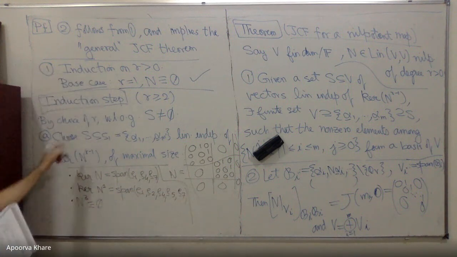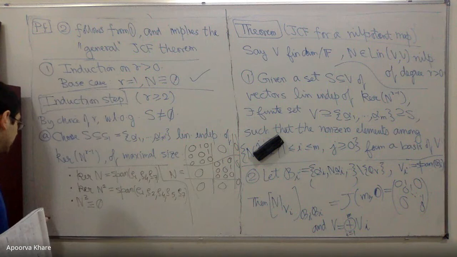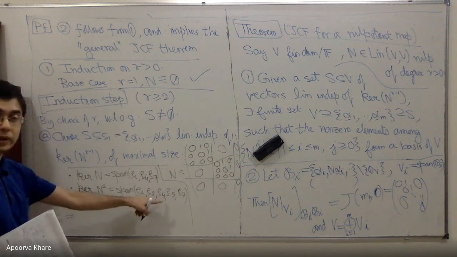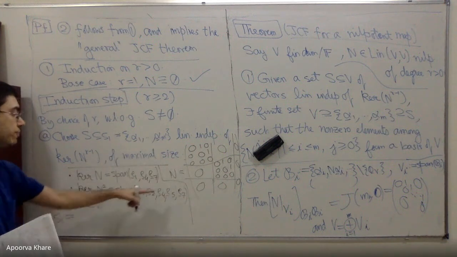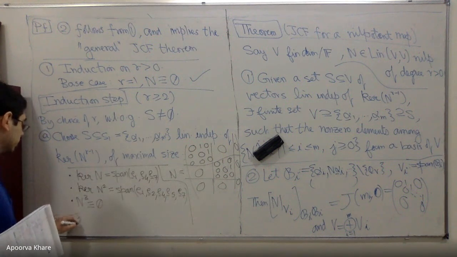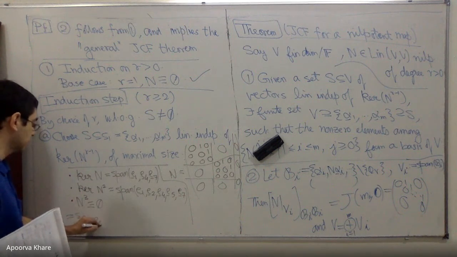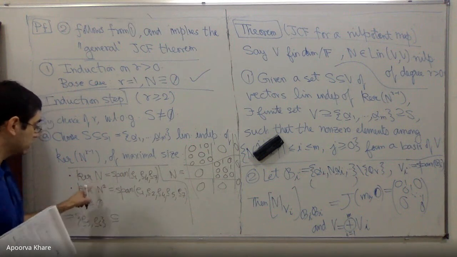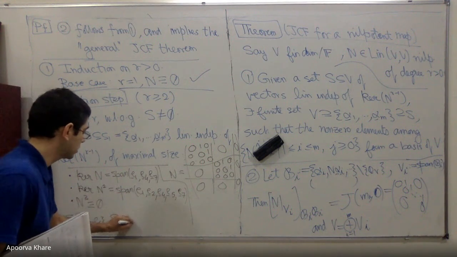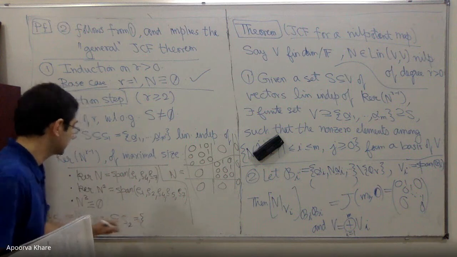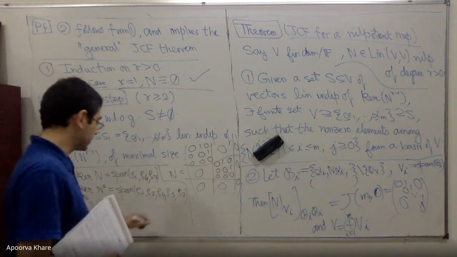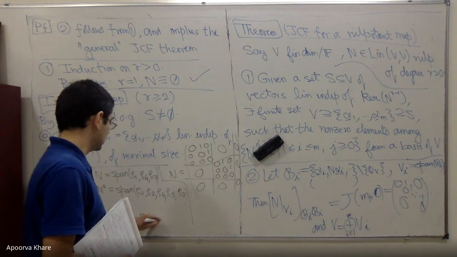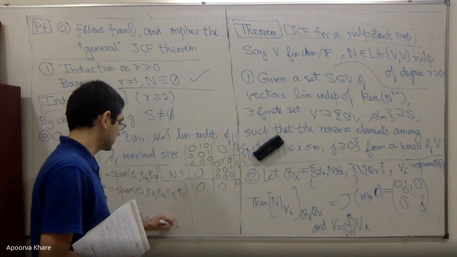Now I'm going to tell you what my S1 spaces are. S1 had better be independent of the kernel of N squared. This is a 7-dimensional space, out of which 5 are in the kernel of N squared. So I'm just going to take the remaining guys, E3 and E6. Now I'm going to expand it into S2, which is independent of these guys, so I can further add E2, E3, E5, E6.